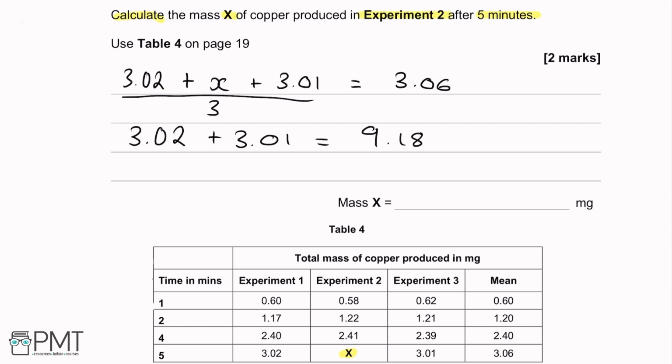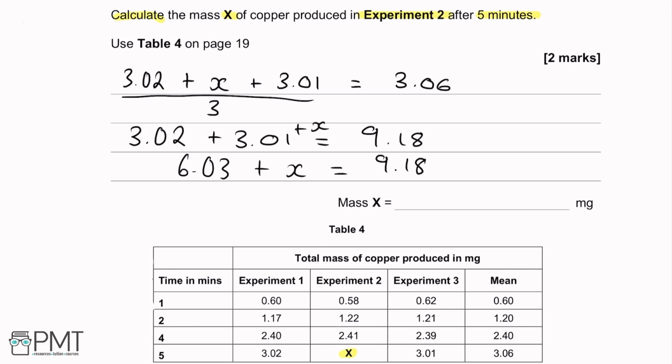Right, and that should be plus X as well on the left-hand side. So now we can simplify this, 3.02 plus 3.01, to give us 6.03 plus X equals 9.18.